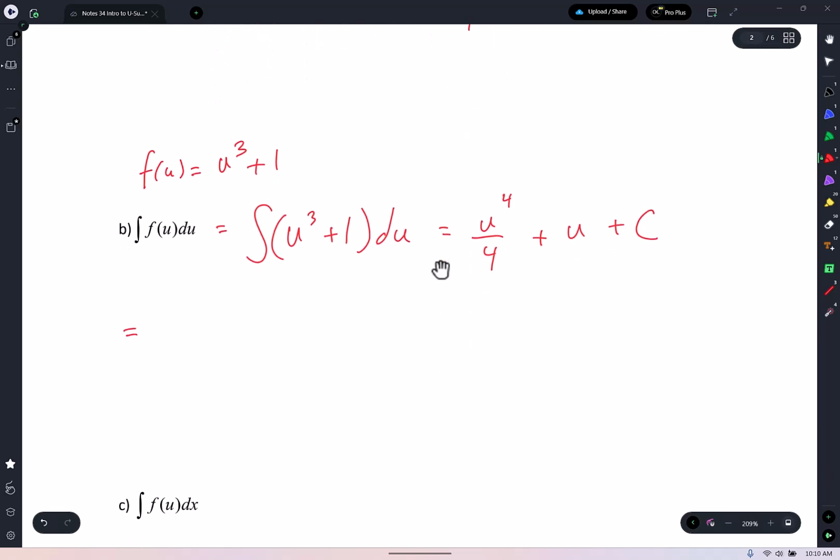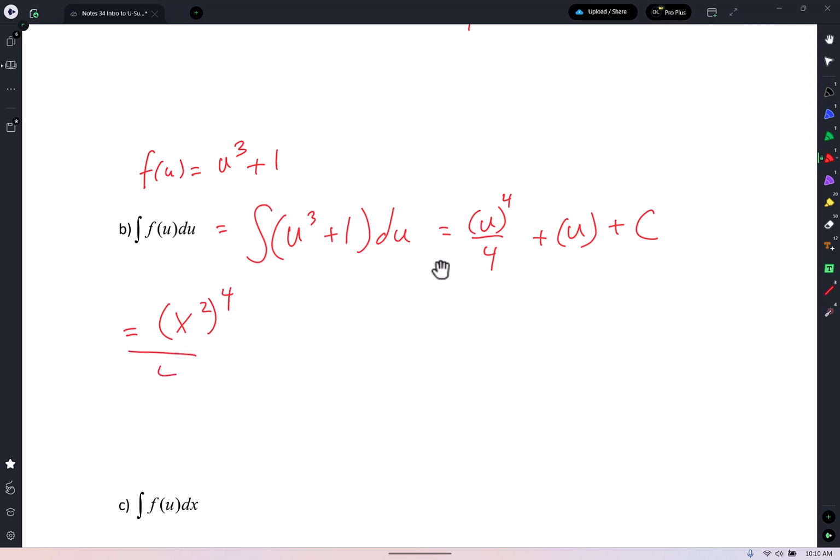So put parentheses if it helps you out. Wherever you see a u, you're going to substitute x squared. x squared to the 4th power over 4 plus x squared plus c. So this is x to the 8th over 4 plus x squared plus c.